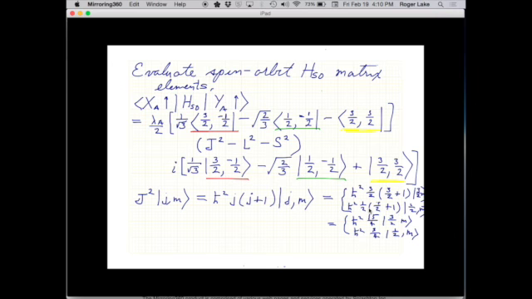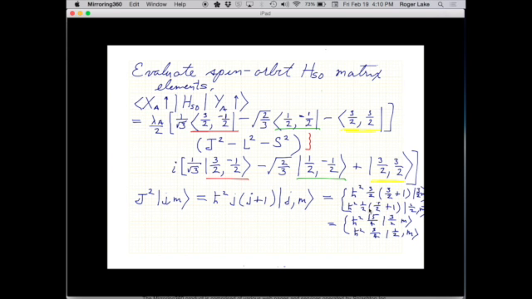Okay, for now, let's just get through calculating this matrix element here. We now know what this operator does when it hits each one of these kets to the right, which is actually below it now.